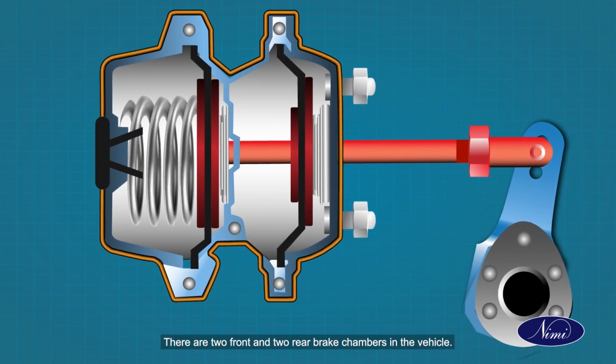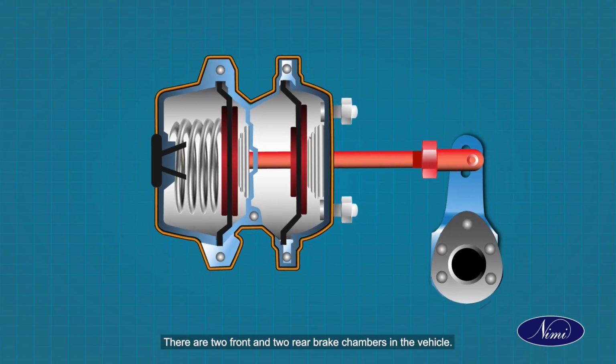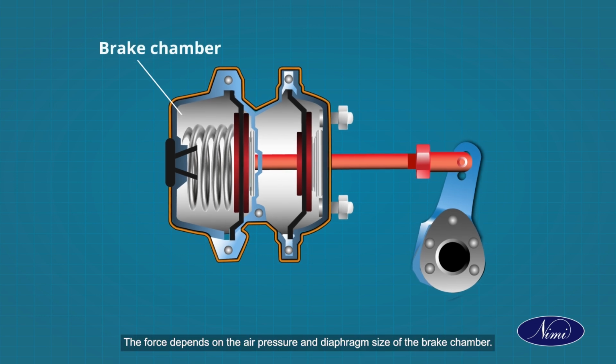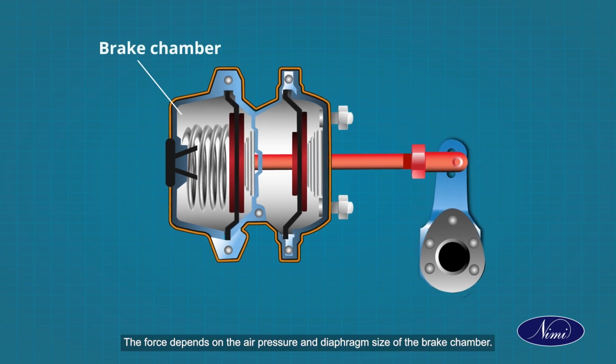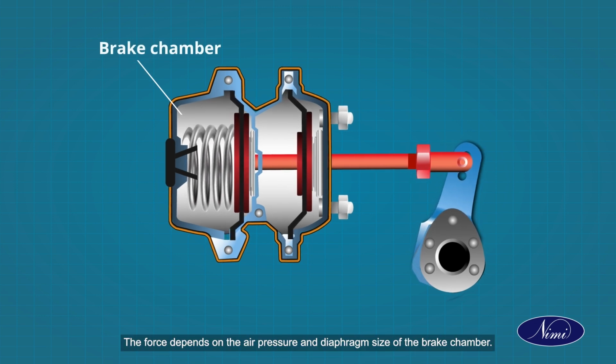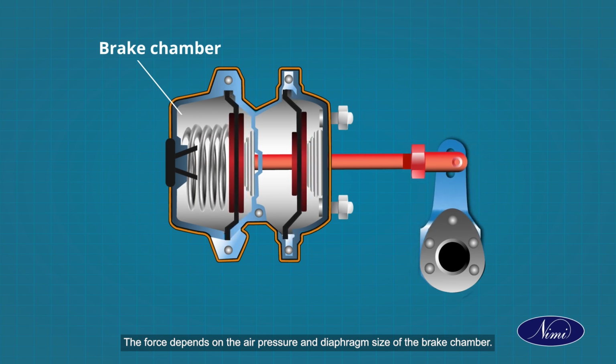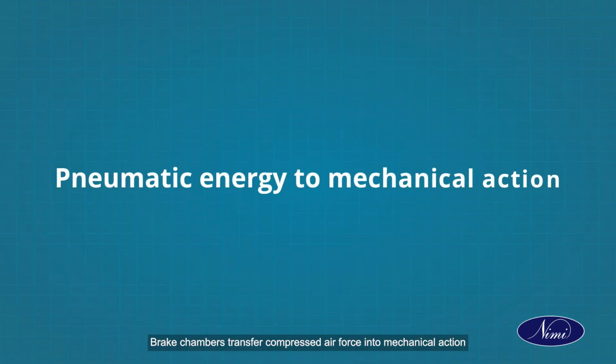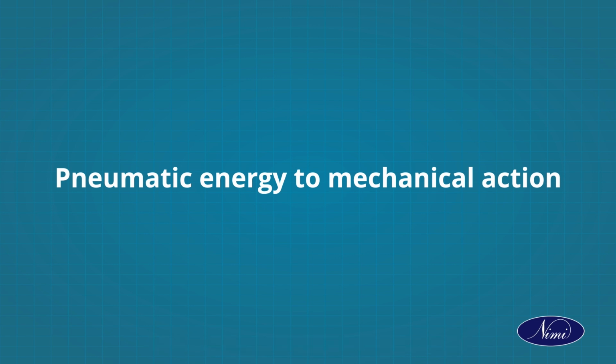There are two front and two rear brake chambers in the vehicle. The force depends on the air pressure and diaphragm size of the brake chamber. Brake chambers transfer compressed air force into mechanical action for applying the vehicle's brake.